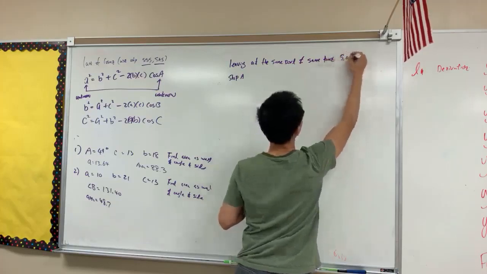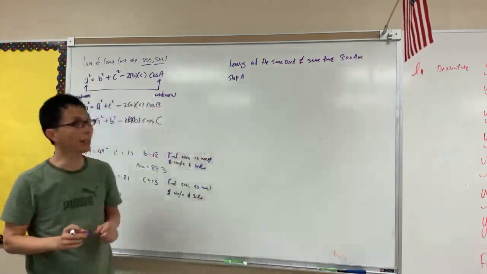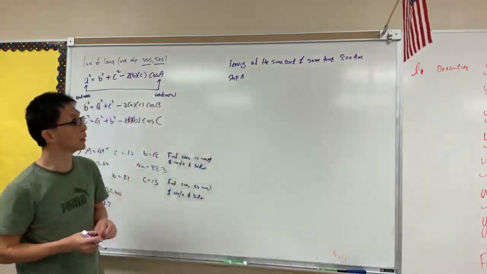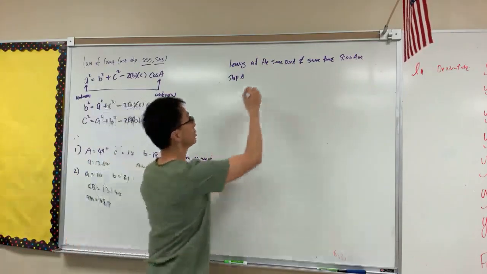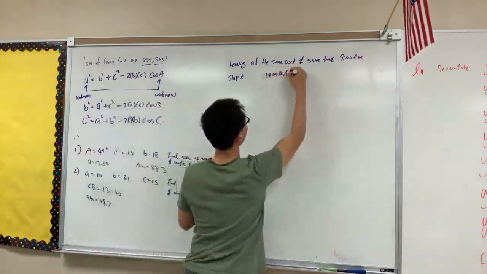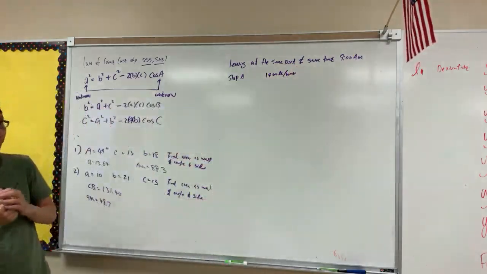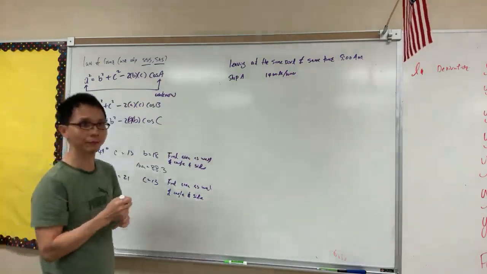9 o'clock a.m. Okay? So ship A is leaving at the speed of 14 miles per hour. I don't know why we're using miles, but we're in the United States. We disregard the metric system.